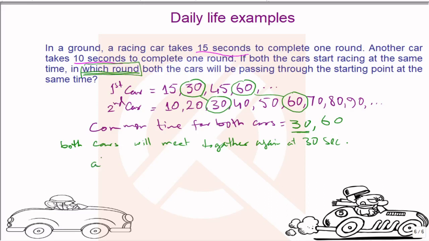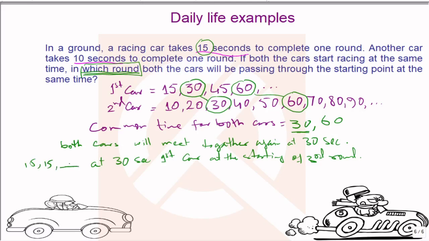So at 30 seconds, the first car has completed, because it's completing the first round in 15 seconds and the second round in 30 seconds. So it will be at the starting of the third round, because two rounds have been completed, after 15 seconds and after another 15 seconds.